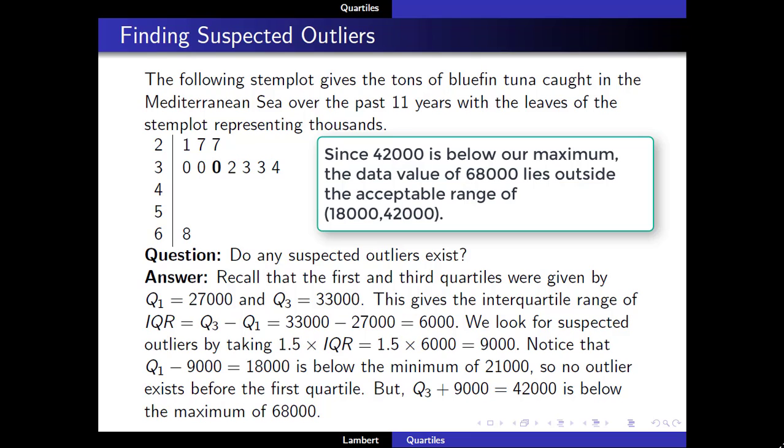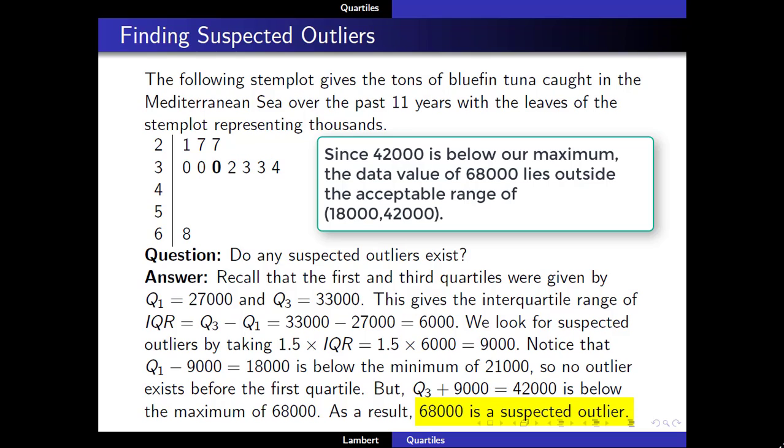That is short of the 68,000 that our tons of bluefin tuna actually reach. Since 68,000 extends beyond our interval of 18,000 to 42,000, it lies outside of that interval, and all of a sudden we know 68,000 is the suspected outlier.